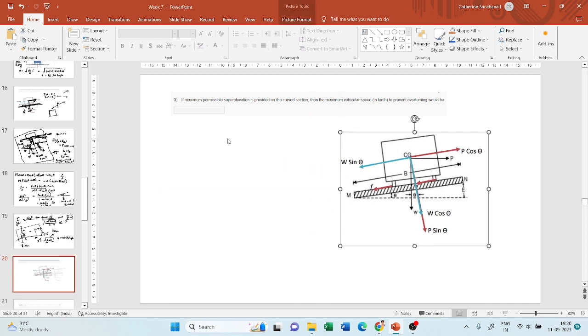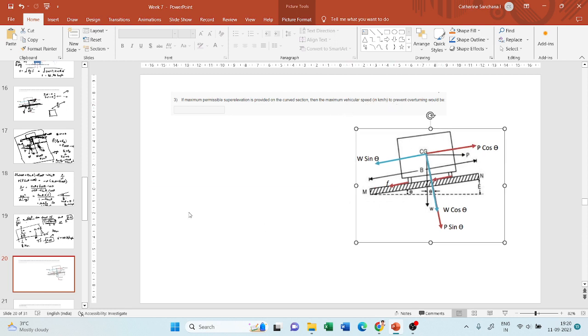If the maximum permissible super elevation is provided on the curved section, same question, the maximum vehicular speed to prevent overturning is what? Same question, but here instead of skidding, they've asked how to prevent overturning, right? Now same case, we have resolved the forces. The resolved forces are given here.